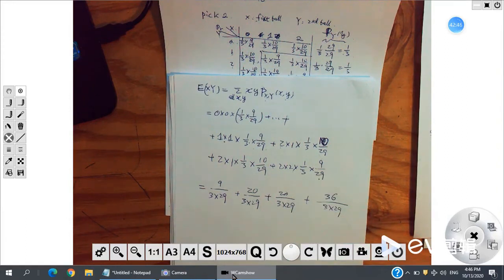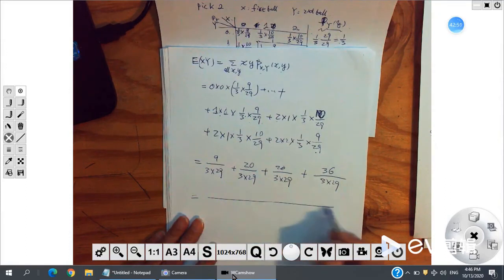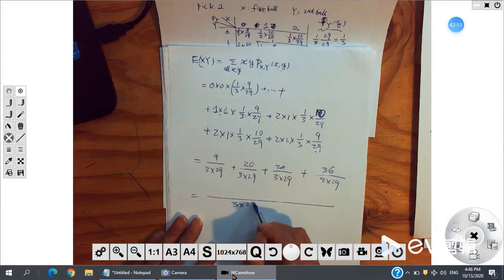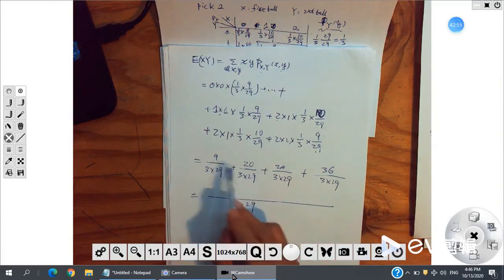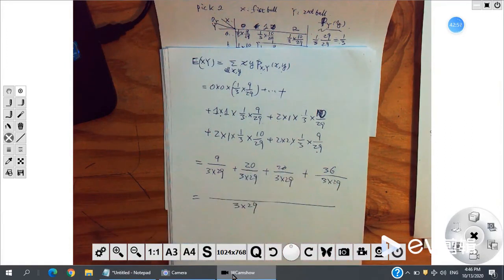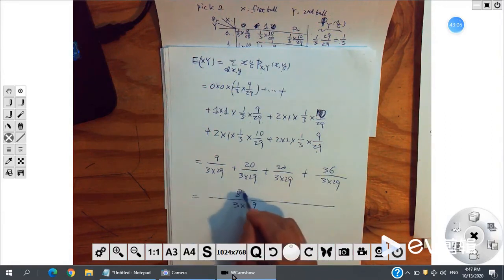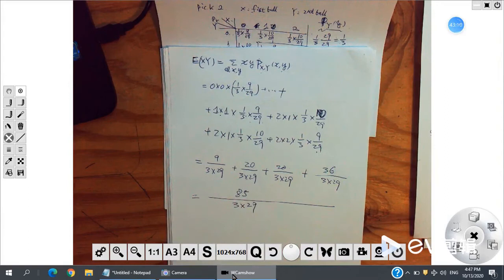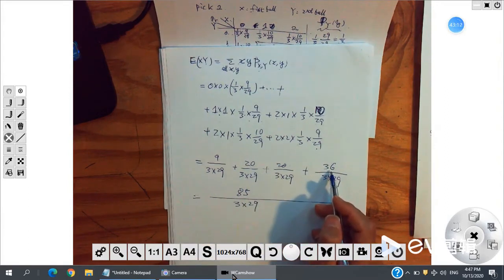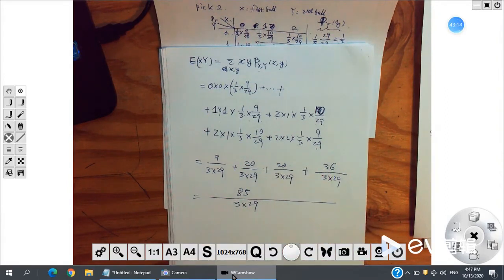Then the result will be: the denominator is 3 times 29, and the numerator will be the summation of these 4 terms. So these 2 give 40, 40 plus 36 is 76, 76 plus 9, so 85. Yeah, 85.